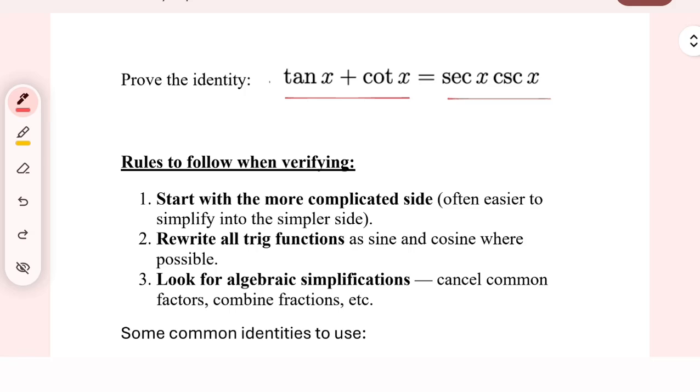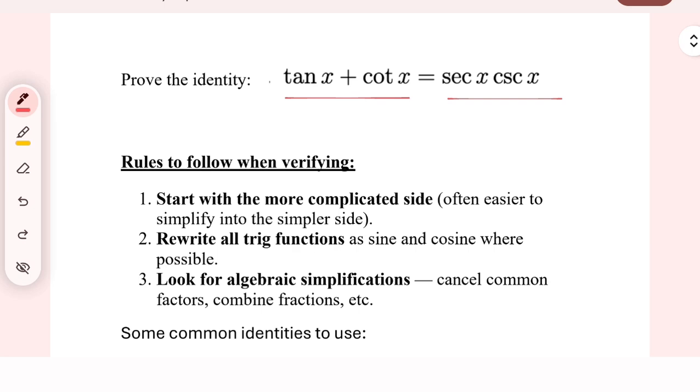We need to pick whether to use the left side or the right side. Just pick which side is more complicated for you and then work on that. Just leave the other side and work on the side that you have picked.